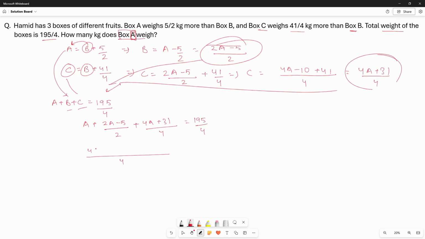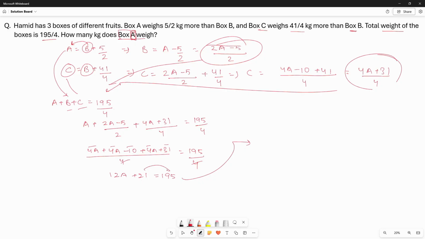It will become 4A plus 4A minus 10 plus 4A plus 31 is equal to 195 over 4. This will get cancelled. This is 4A, 12, that is 12A minus 10 plus 31 is plus 21 is equal to 195.